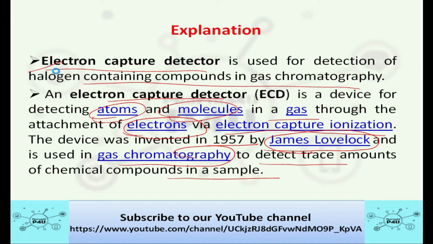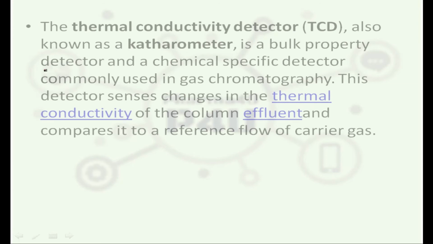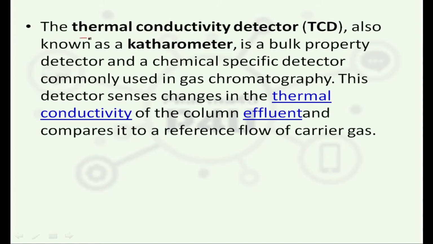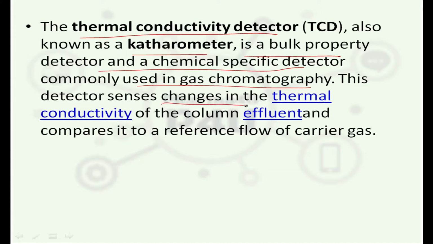Now moving on to the second detector, that is the thermal conductivity detector. It is also known as catharometer, and it is a bulk detector and a chemical specific detector commonly used in gas chromatography. It senses the changes in thermal conductivity of the column effluent and compares it to a reference flow of a carrier gas.